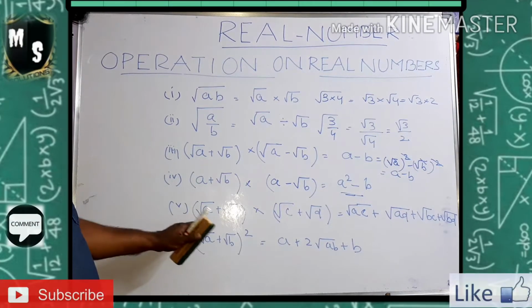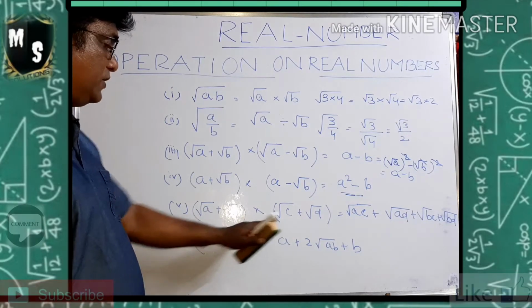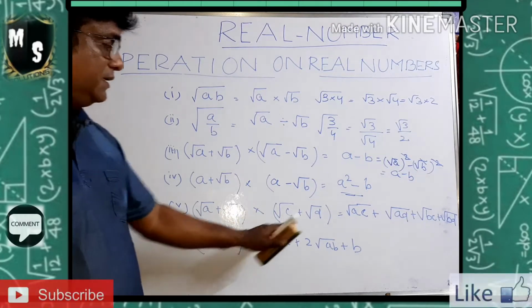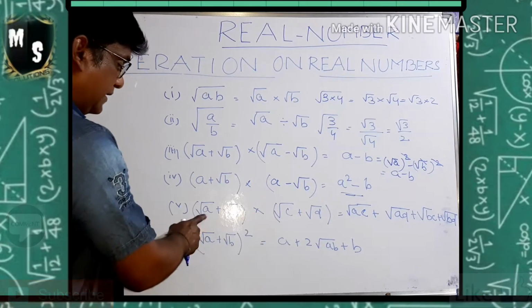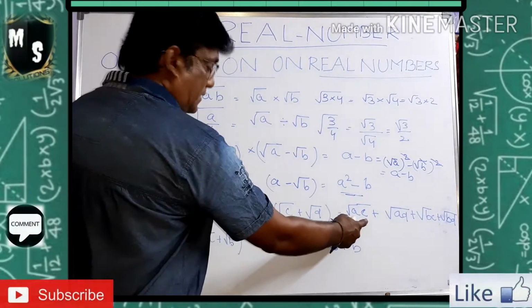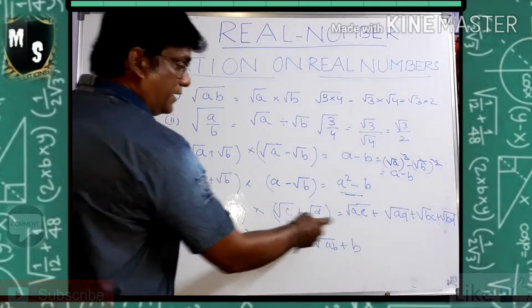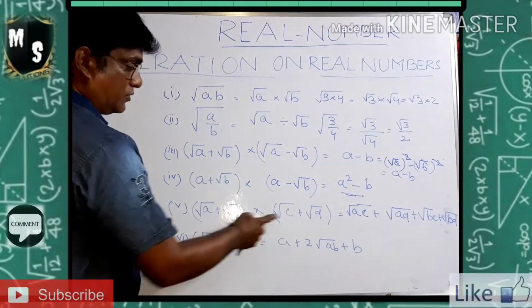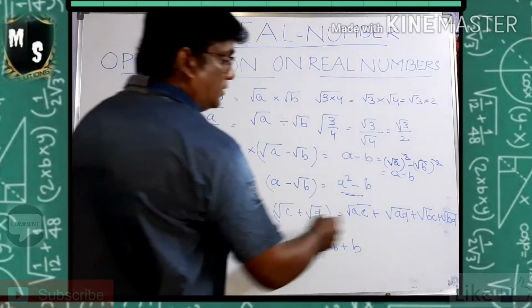Similarly, this is not under any formula above. All four, a, b, c, d, are different from each other, and they are added and multiplied. Then we can write this as square root of a into square root of c, plus square root of a into square root of d, plus square root of b into square root of c, plus square root of b into square root of d.